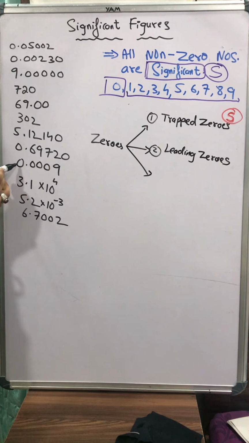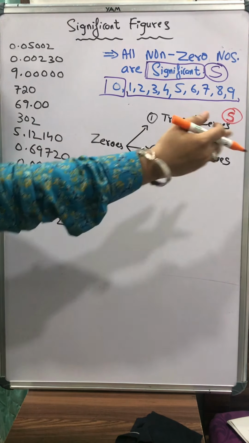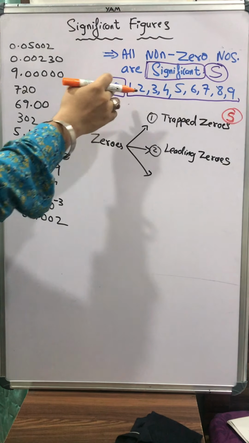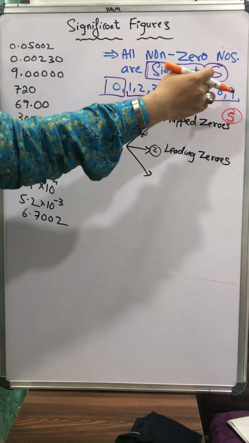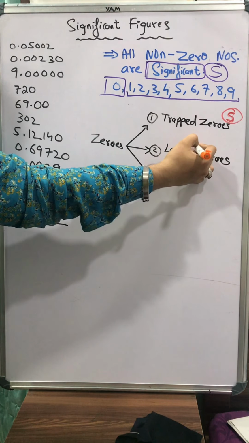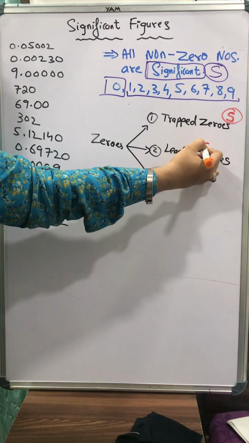Please see this. 0.0009. We have zeros which lead over here. So always remember this fact, students. Whenever you have leading zeros, zeros ahead of non-zero digits, then those zeros are considered as non-significant. NS I'll write.